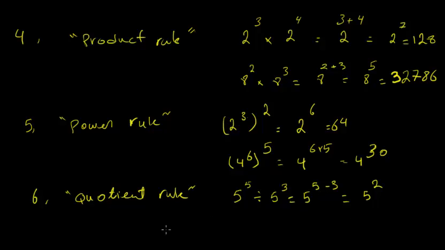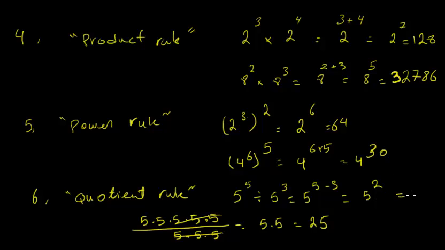Let's go through the long way and see how it works. You have 5 times 5 times 5 times 5 times 5 divided by 5 times 5 times 5. It cancels out and you'll have 5 times 5 equal 25. 5 to the second power equals 25. So in order to divide two powers with the same base, you can write the base and subtract the exponents.